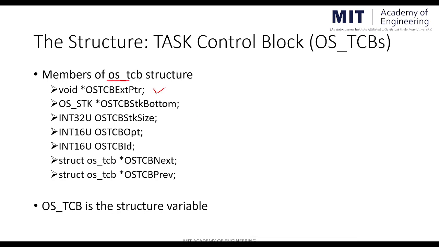Then there are multiple members of the structure, and OS_TCB written in uppercase letters is the structure variable. This means we can create a number of structure variables, that is, a number of OS TCB tables for the particular tasks, because MuCOS2 is a multitasking operating system which can create multiple tasks, and every task needs its own task control block and stack.